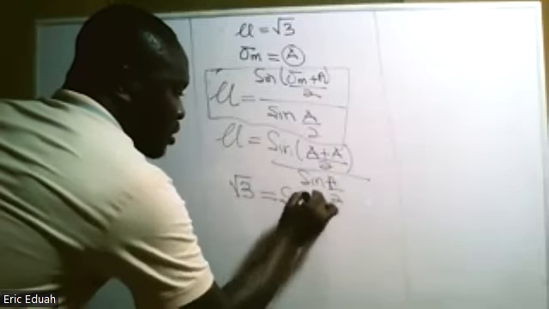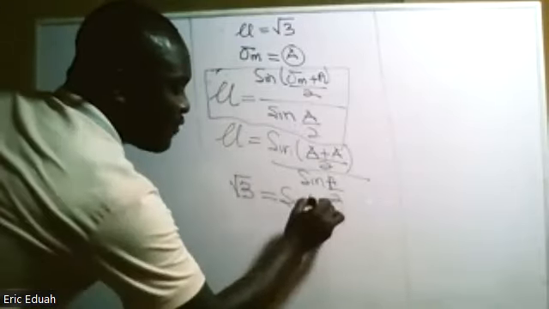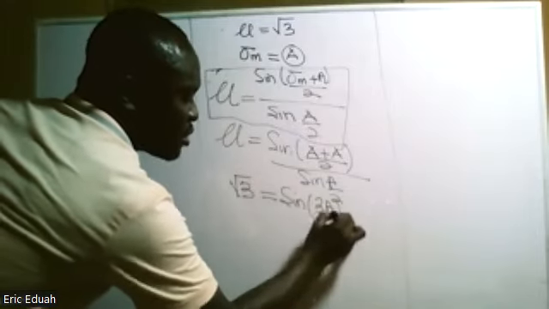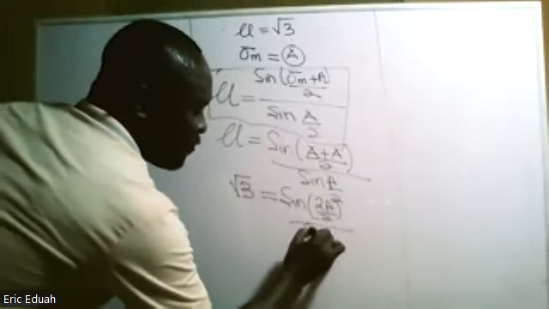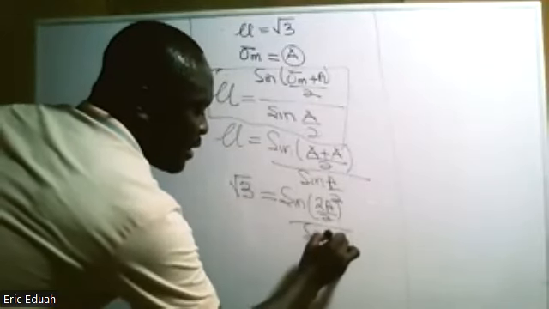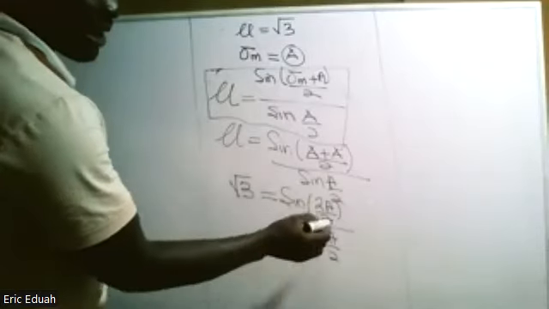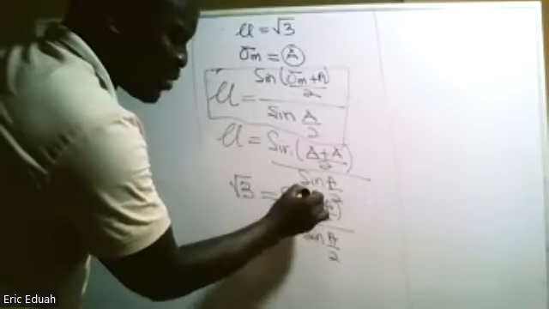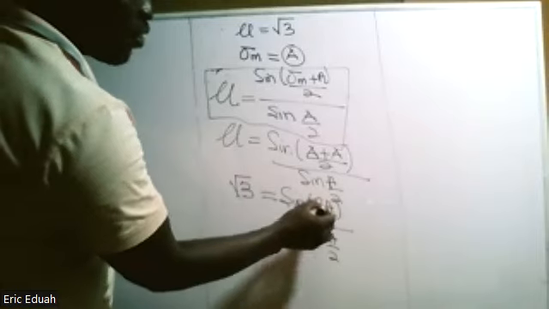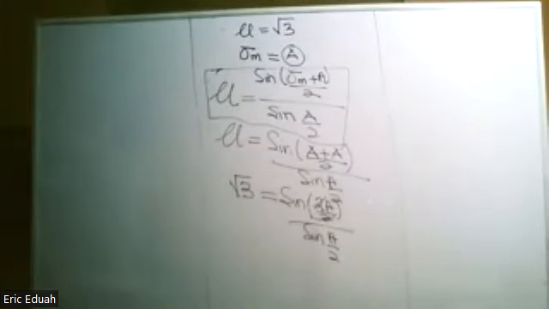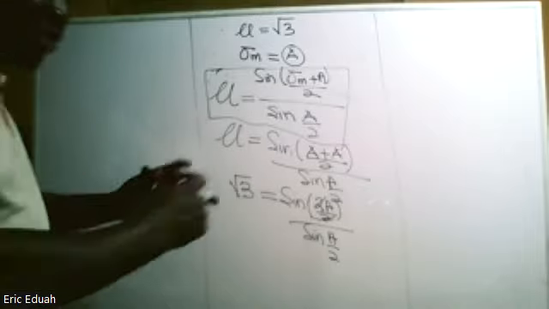So it means I have the numerator 2A over 2, over sine of A over 2. Now look at what is in the bracket. What we have within the bracket is 2A over 2. And so this 2 can cancel, because that is within the bracket.